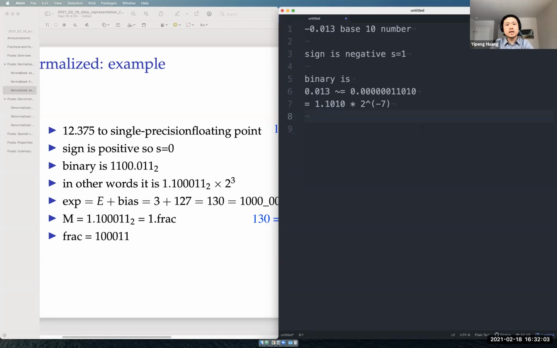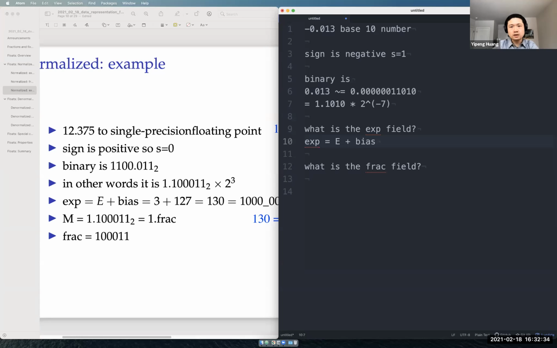And so what we need to do now is figure out what is the EXP field, what is the frac field. To calculate the EXP field, we have to figure out what was the actual exponent, which we denote as E. So E plus the bias is EXP.